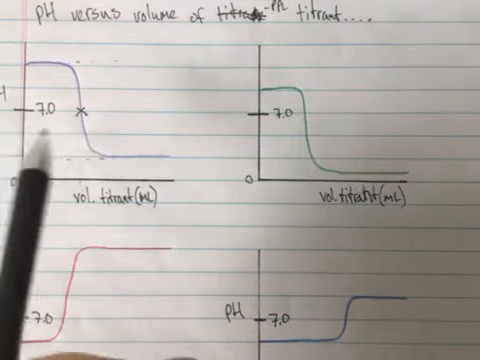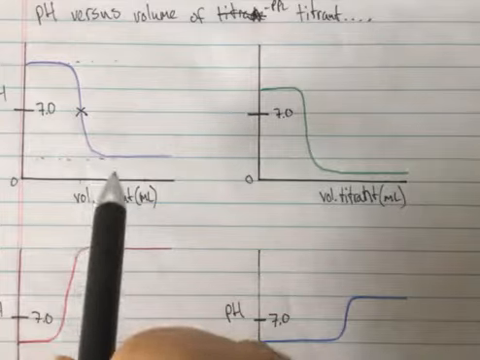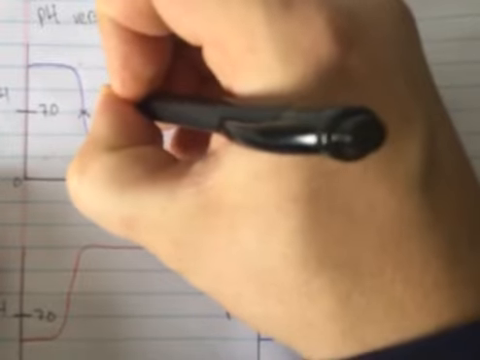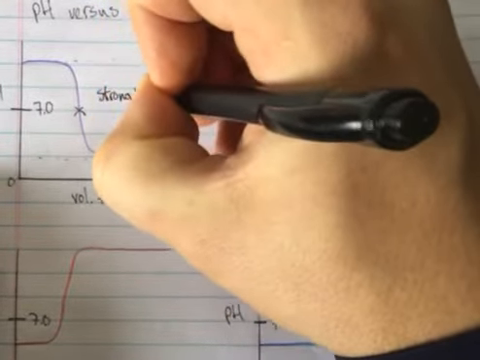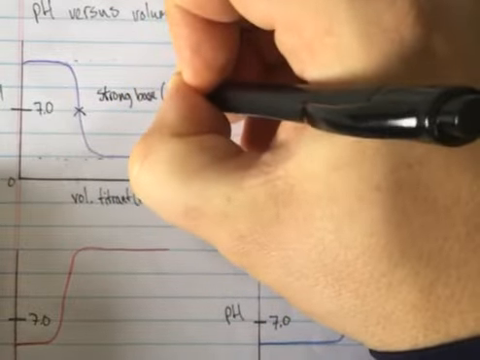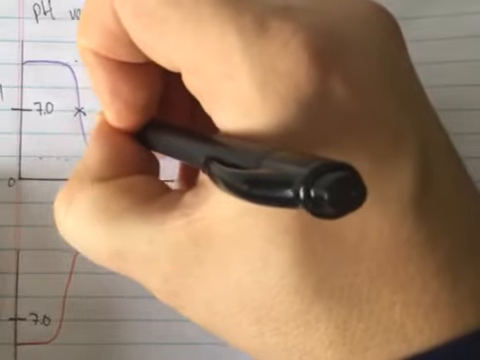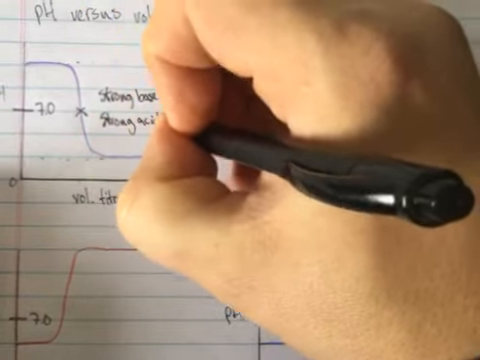So in other words, you would be titrating a strong base with a strong acid. Okay, so strong base, analyte, strong acid, titrant.